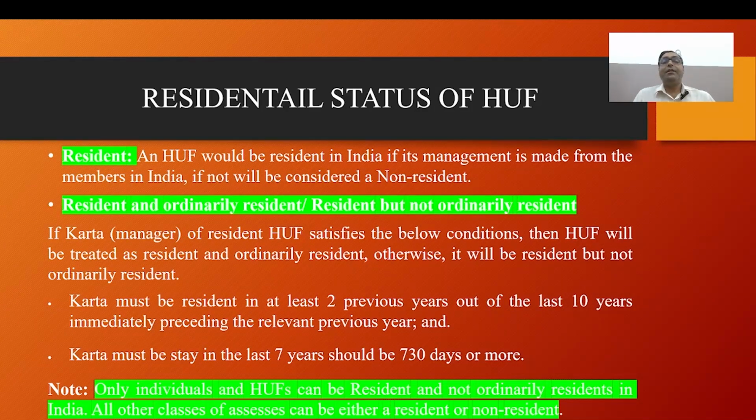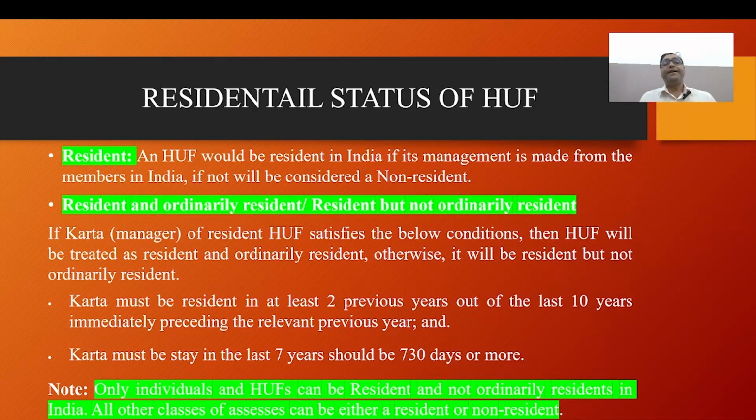In other words, it will be non-resident in India if no part of the control and management of its affairs is situated in India. Control and management refer to the decisions taken regarding the affairs of the Hindu undivided family, that is, the place where decisions regarding the affairs of the Hindu undivided family are taken.